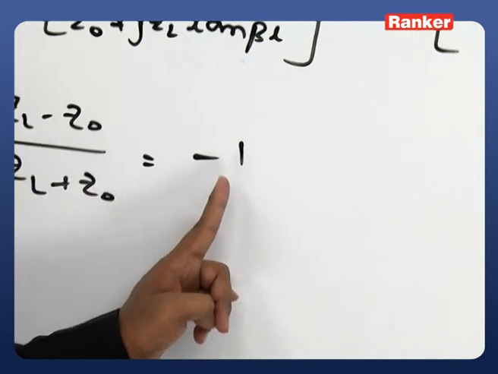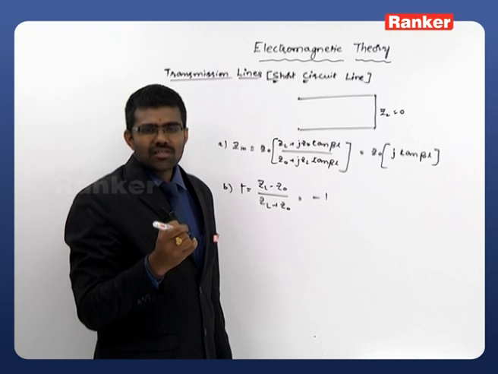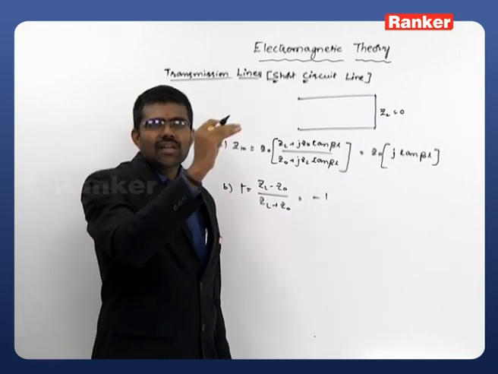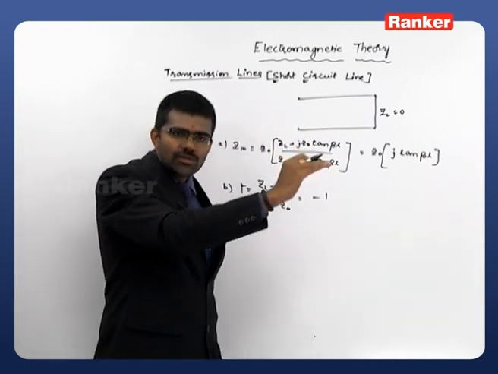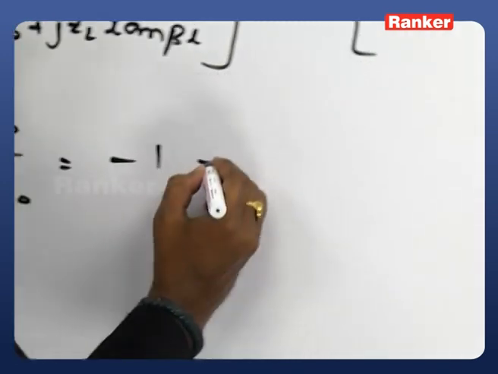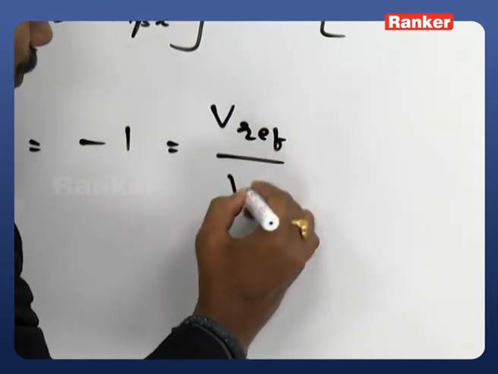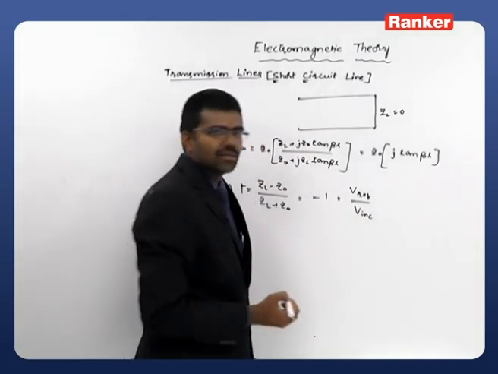I want a little analysis for this particular gamma. How do you define gamma? Gamma is the ratio of the voltage traveling in the opposite direction to the voltage traveling in the positive direction. So simply, gamma is V reflected divided by V incident.